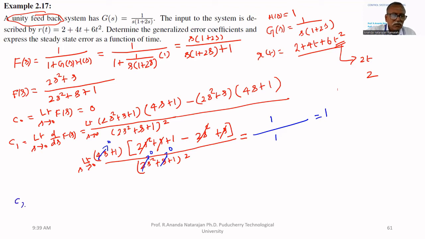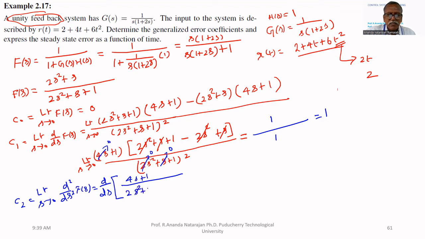C2 equal to what? C2 equal to limit s tends to 0 of d squared by ds squared of F(s), that is equal to d upon ds of the first derivative, that is (4s plus 1) upon (2s squared plus s plus 1) whole squared.